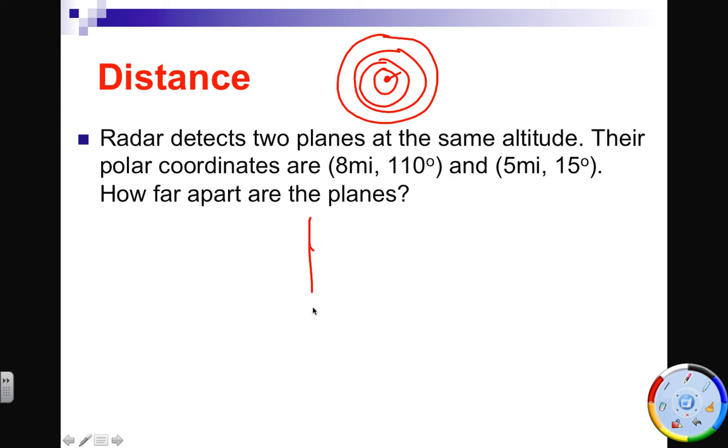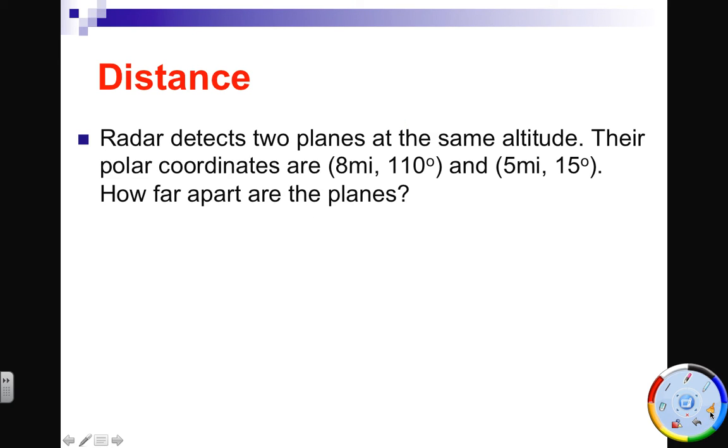So let's think about this. If I was to think about you sitting right here at your radar station, here is 0 degrees. I know the first plane sits at 8 miles, 110 degrees. So 110 degrees is right here, 8 miles. The other one is 5 miles, 15 degrees.